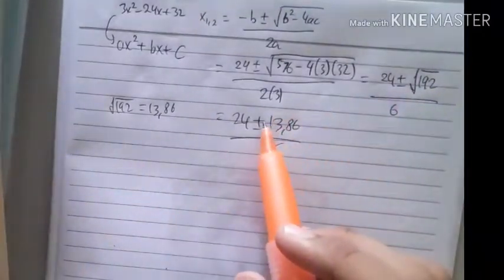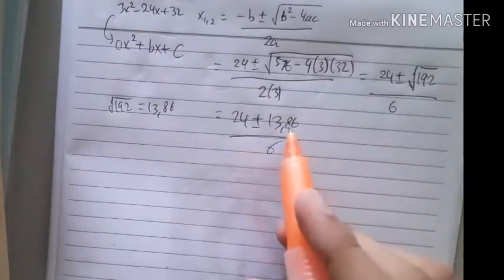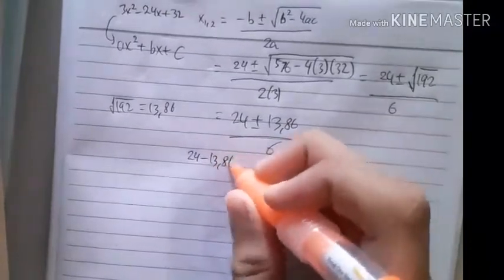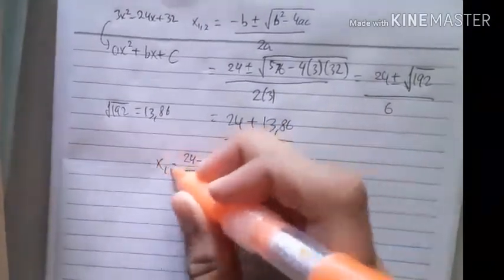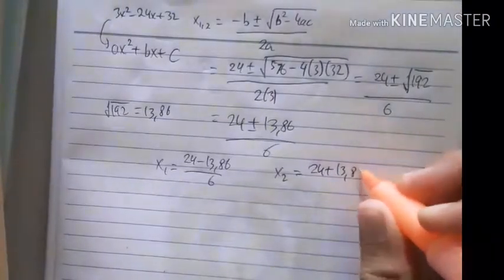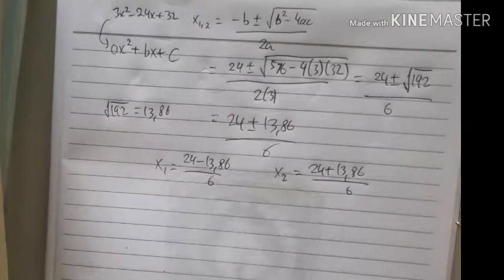Now, the plus or minus symbol here says that x could be two values: x1 equals 24 minus 13.86 over 6, and x2 equals 24 plus 13.86 over 6. But we just refer to whichever appears in the options of the question. So we look at the options there.